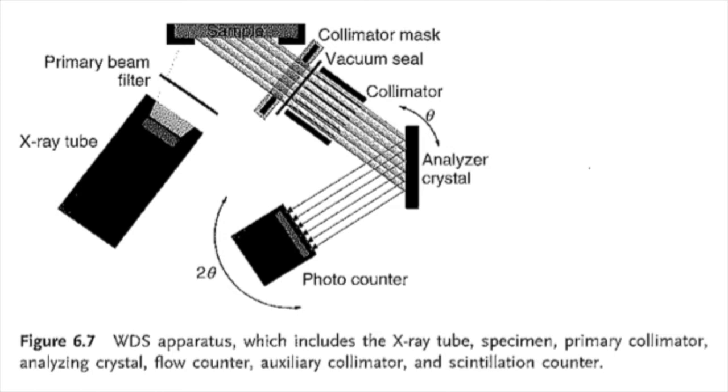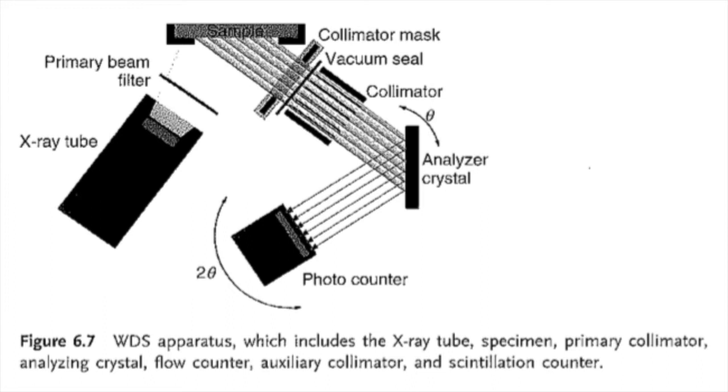So these photons that come in from the sample go through the same collimator that makes them more parallel, and then go through the analyzer at that angle theta, and then those that are diffracted go to the photo counter as intensity in the same geometry that we see there.